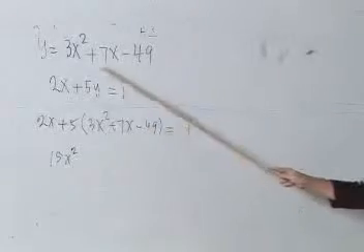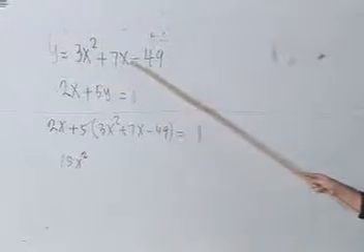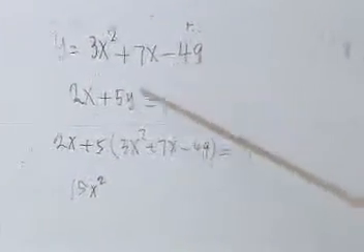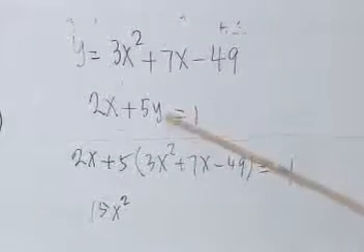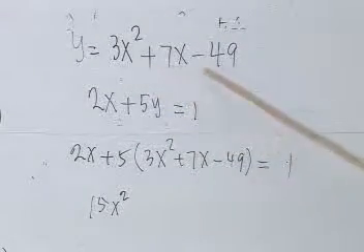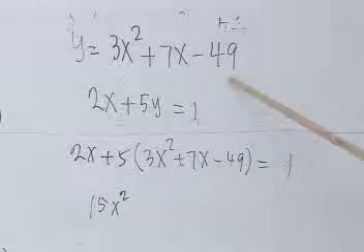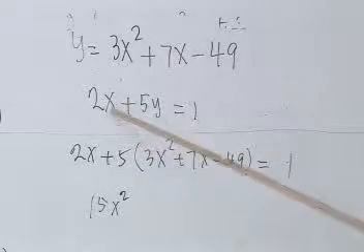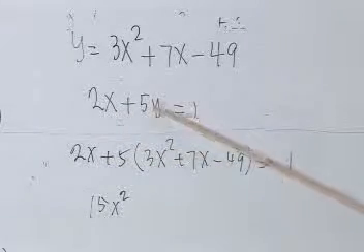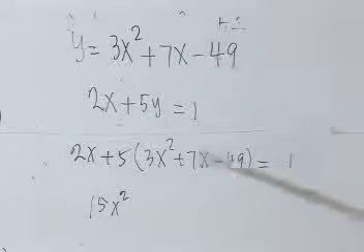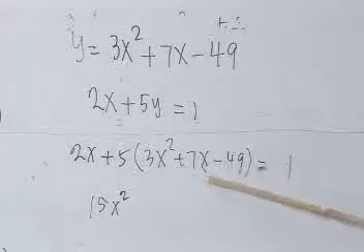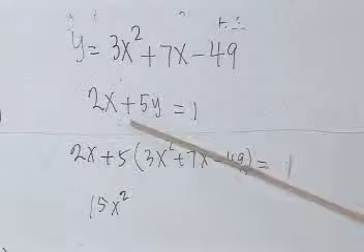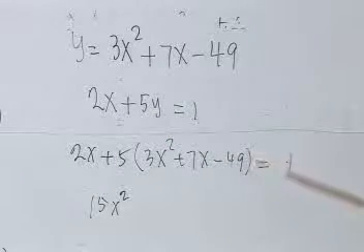But we know that y is equal to 3x squared plus 7x minus 49. So instead of y, we plug that in. So 2x plus 5 times, instead of y, we put this in. So you have 3x squared plus 7x minus 49 equal to 1. So we have it here.